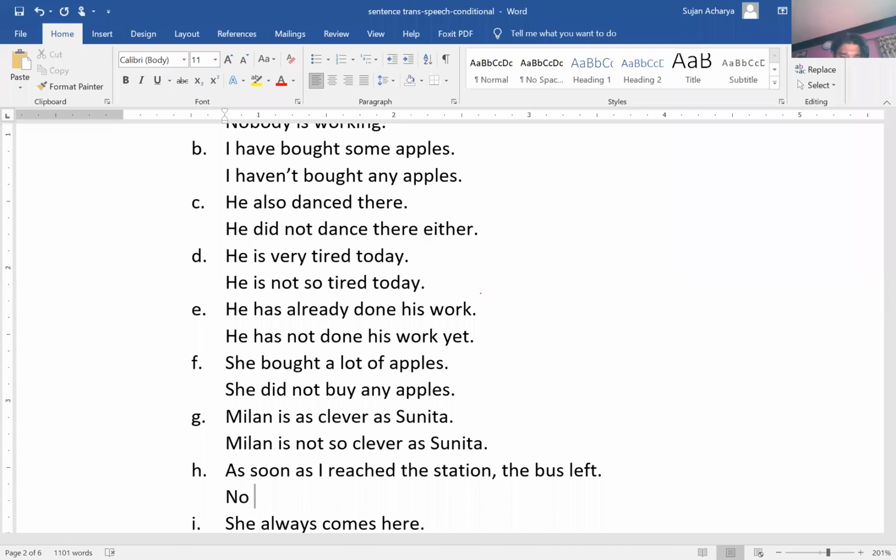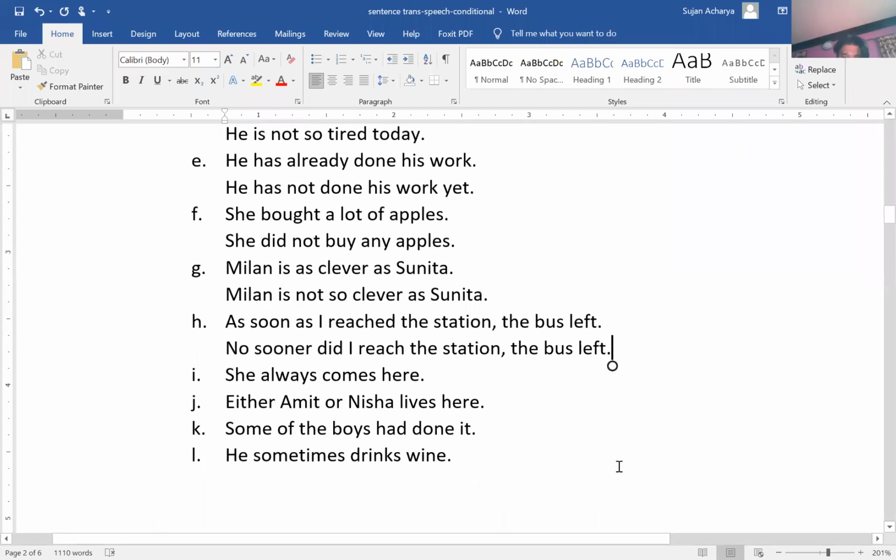As soon as I reached the station, the bus left. No sooner did I reach the station than the bus left. She always comes here.